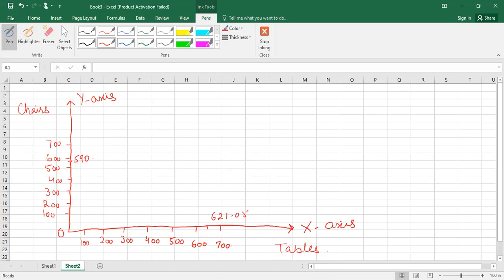So we will draw a line which will start from 590 and it will connect itself with 621.